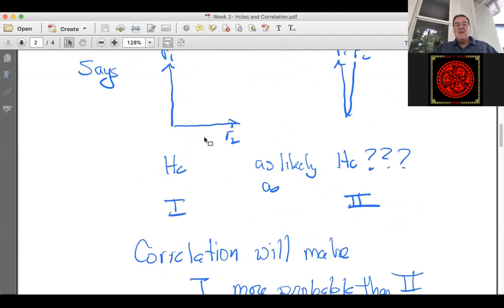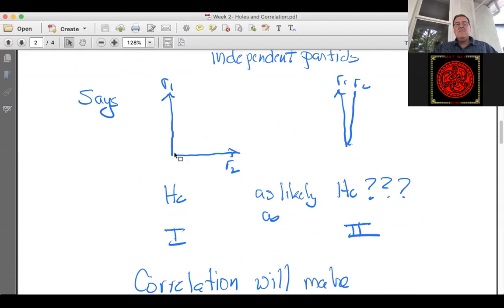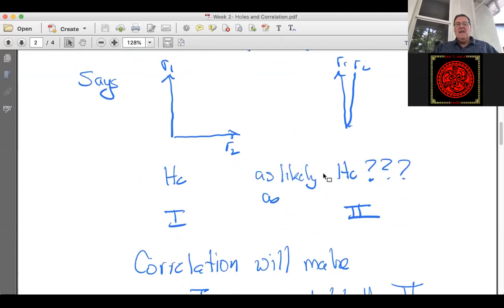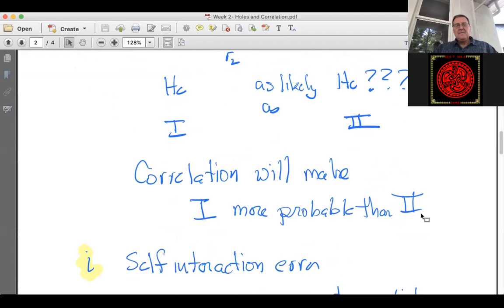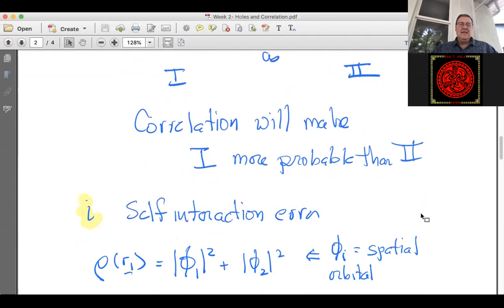This joint probability has the same size here as here. But that can't possibly be true. The electrons repel one another. So what we need correlation for is to make one more probable than two. That hole has to know when the electrons are near one another. And that's the correlation piece.